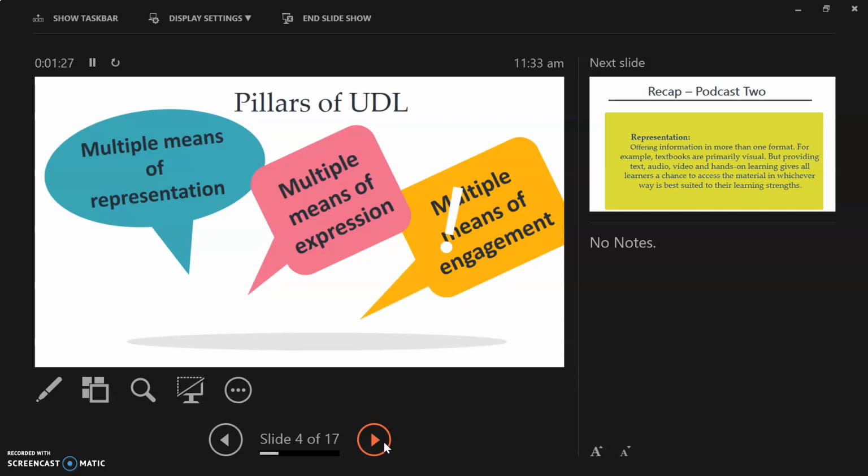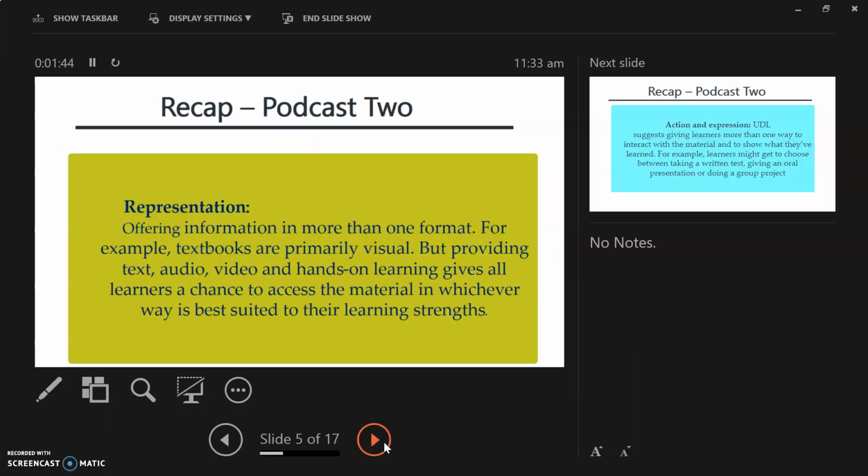UDL is built on three pillars. They are multiple means of representation, multiple means of expression, multiple means of engagement. Multiple means of representation offers learners a different format.